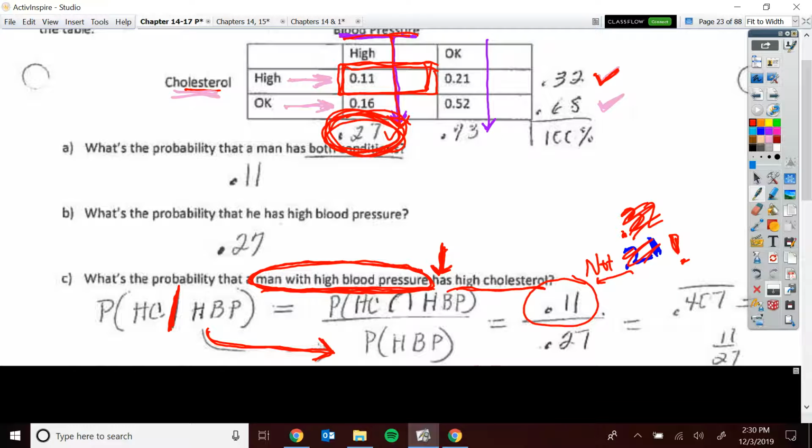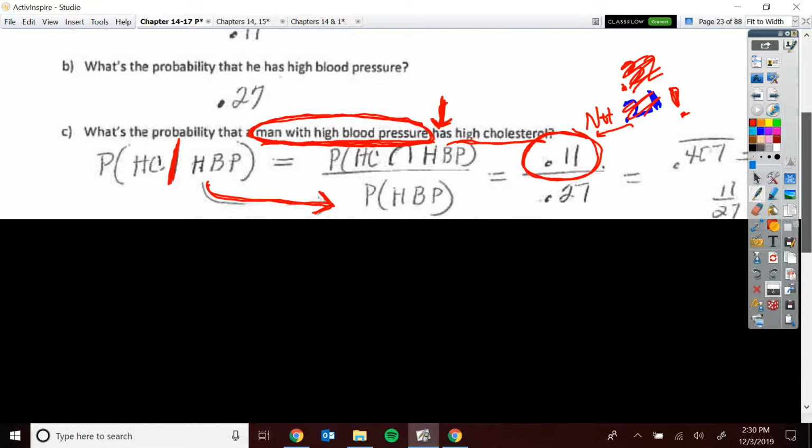I read this earlier and I thought 0.21 was the total of the high cholesterol. But anyway, it has to be the people in this room, the 27 who have high blood pressure, those who have high cholesterol. Okay.